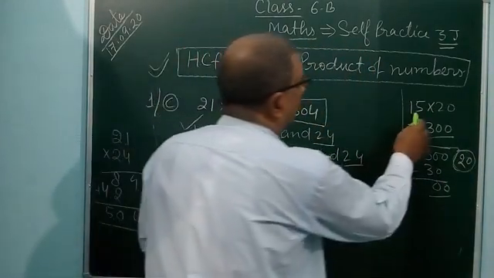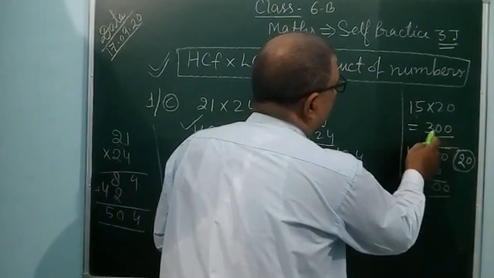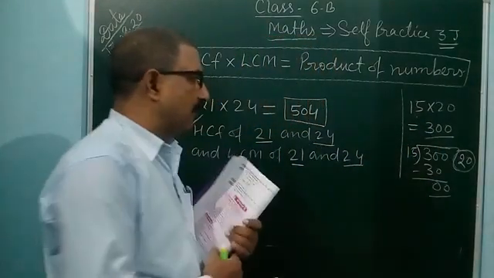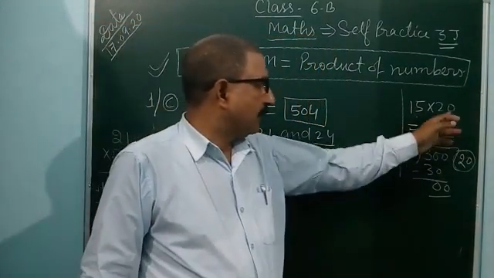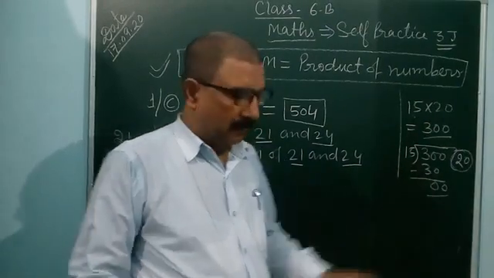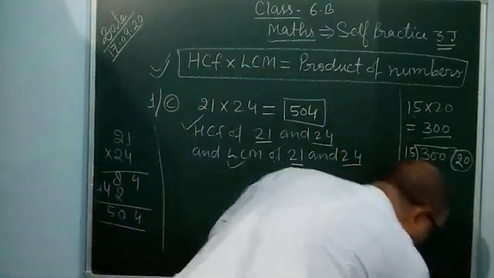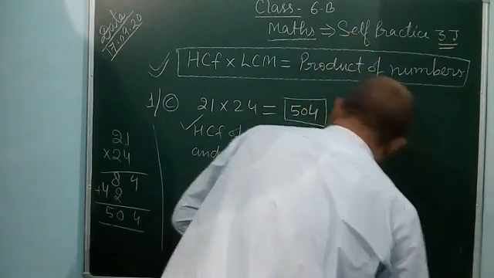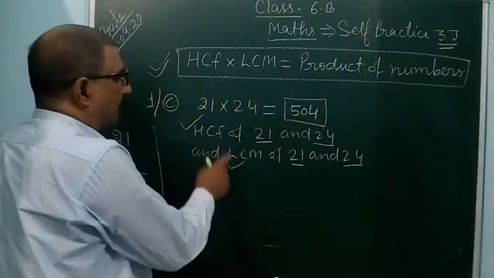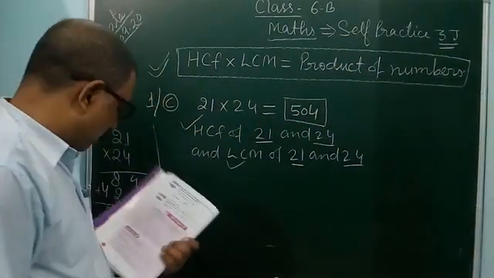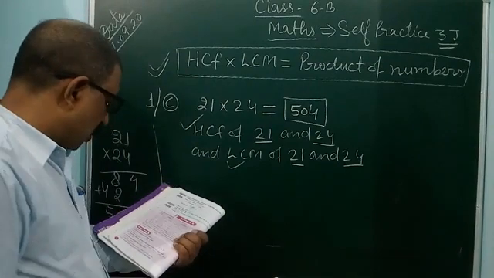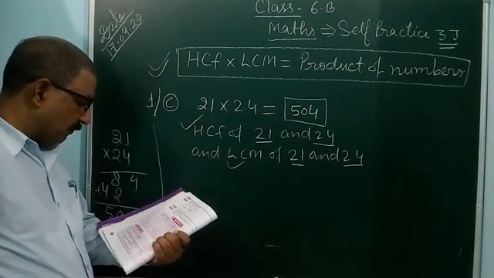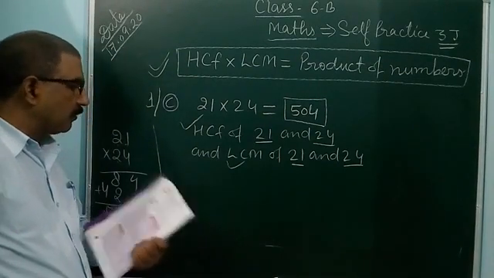So if you divide the product of the numbers by the first number, you can get the second number. But here you need to find out the HCF and LCM of the numbers. Without finding HCF or LCM, you cannot write it. So in this way you find out the HCF and LCM of 21 and 24.